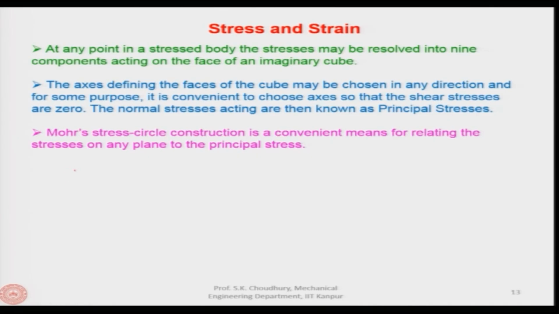Let us say we have an imaginary cube like this, in a system of axes, for example like this. Let us say this is axis number 1, this is axis number 2, this is axis number 3, and this is a stressed body. So, here the stresses may be resolved into, as I said, 9 components.